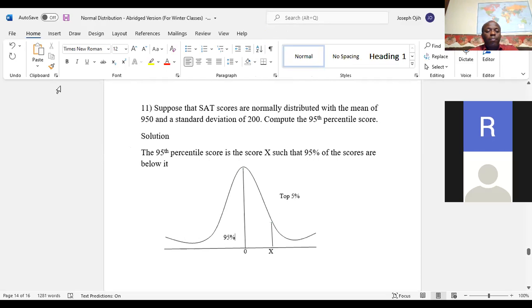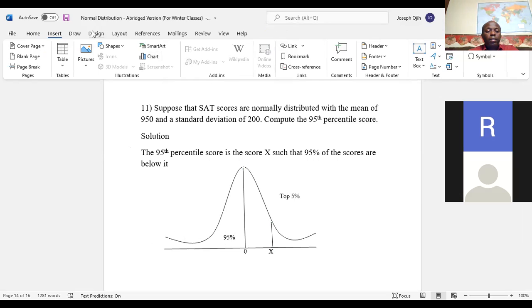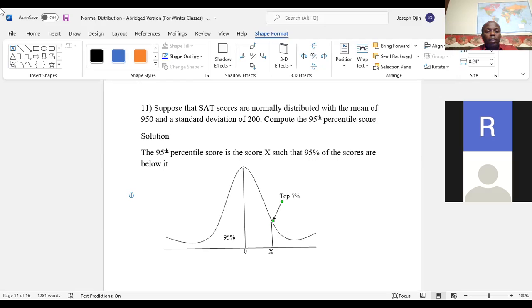So this is the top 5% right there. I've drawn the diagram for you. Let me share it too, so you can see the top 5%. So what that means is, the 95th percentile score is the score so that 95% of all the scores are below it. Another way is we have seen it as the top 5%.